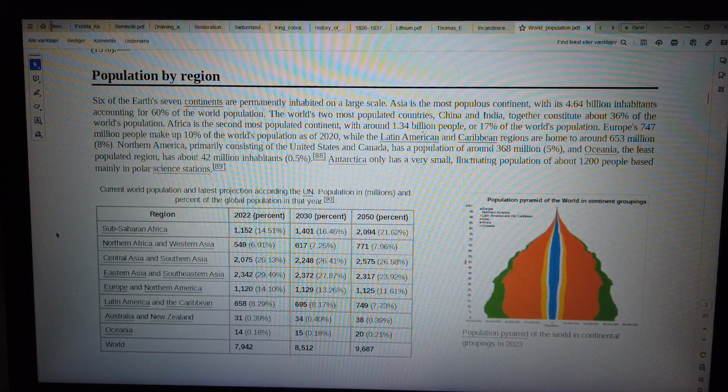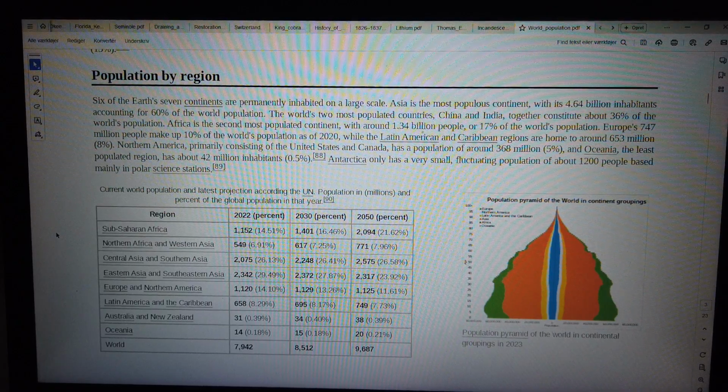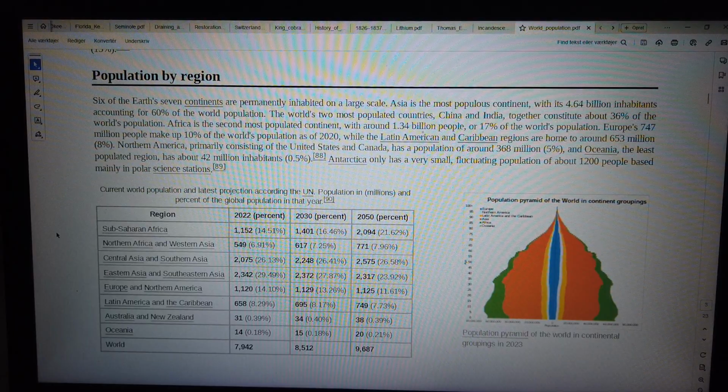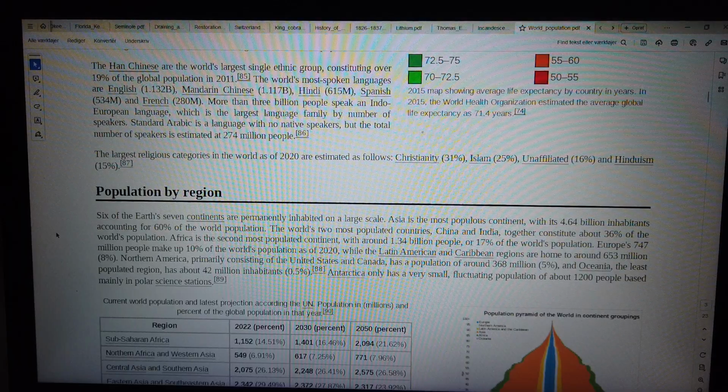85. The world's most spoken languages are English, 1.132 billion, Mandarin Chinese, 1.117 billion, Hindi, 615 million, Spanish, 534 million, and French, 280 million. More than 3 billion people speak an Indo-European language, which is the largest language family by number of speakers.